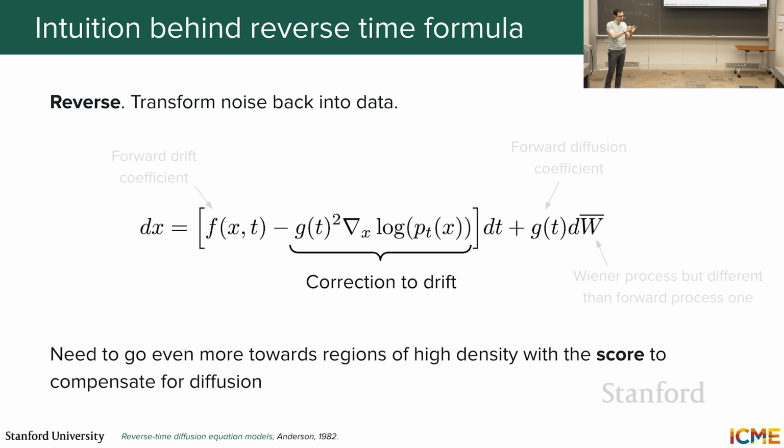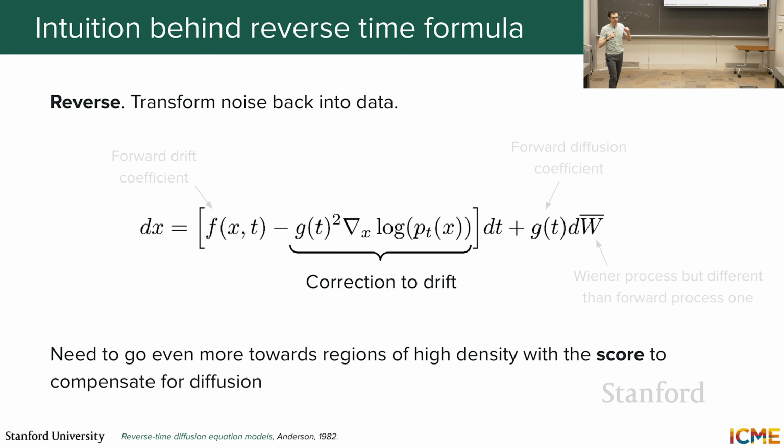The intuition is that in the forward process, we have added some stochasticity that made us deviate from where the actual data point was. So as a result, when we want to reverse that process, to counteract this phenomenon we want to go towards the regions of high density, scaled by that diffusion factor.